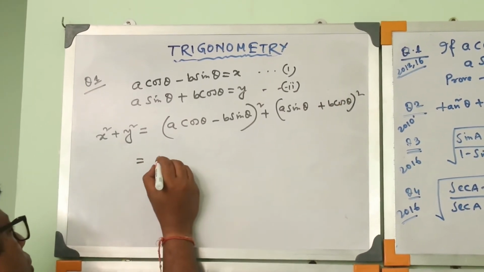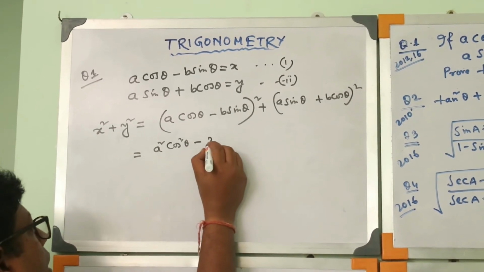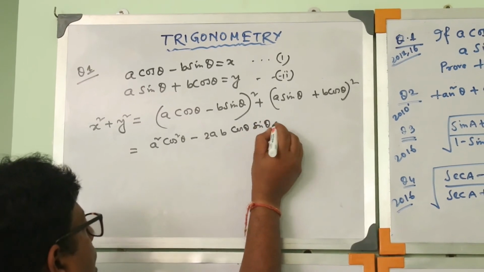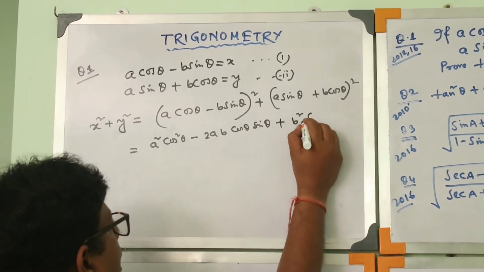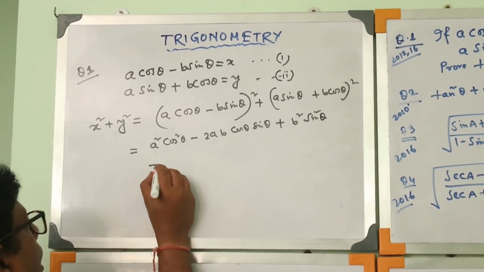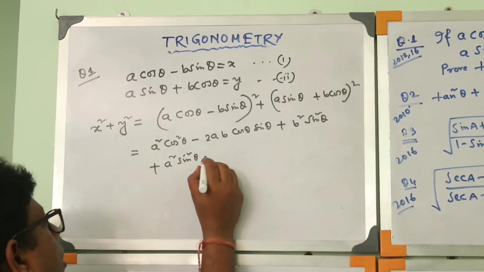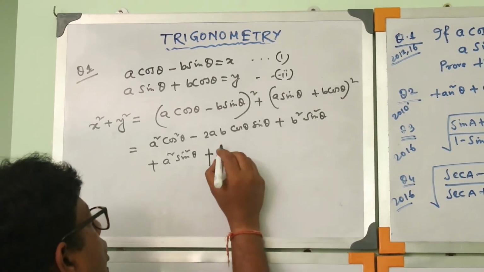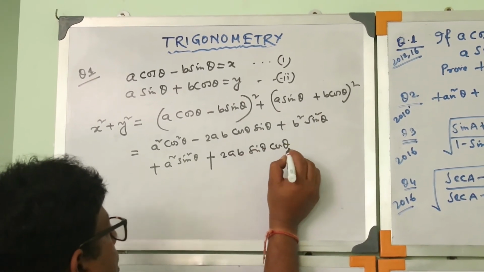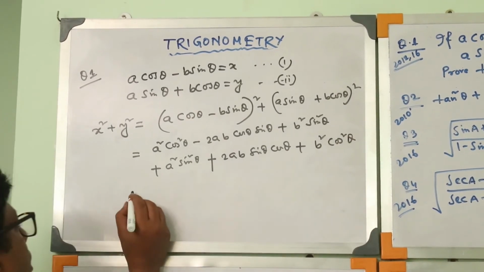So this will be equal to a square cos square theta minus 2ab cos theta sin theta plus b square sin square theta plus a square sin square theta plus 2ab sin theta cos theta plus b square cos square theta.